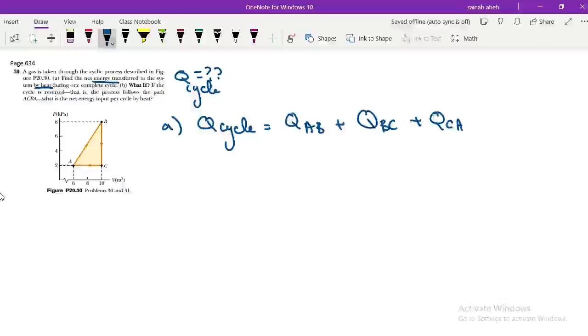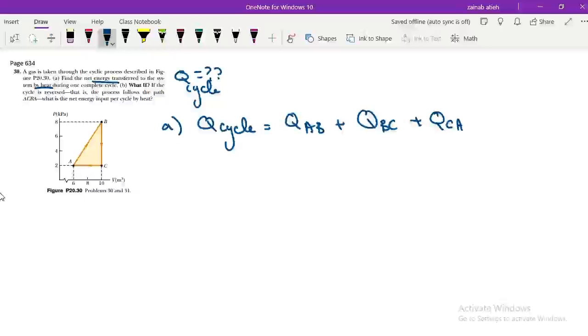I did not study such a process, so it's hard to calculate QAB. Maybe for BC it's an isochoric process, and it's feasible for CA if I have some more information. But for AB it's impossible, so I will try to calculate it some other way.